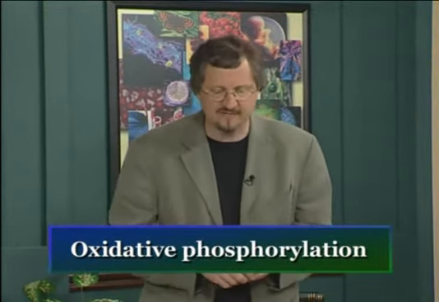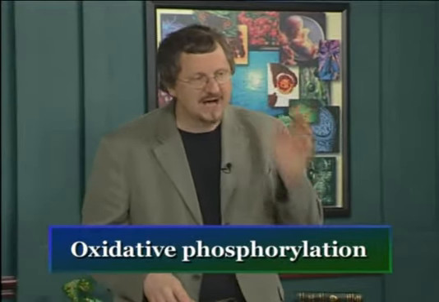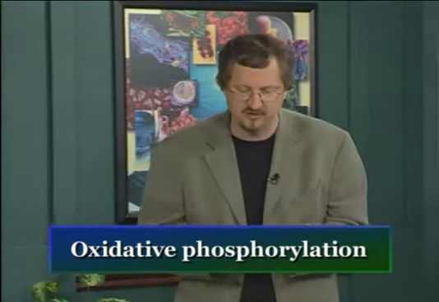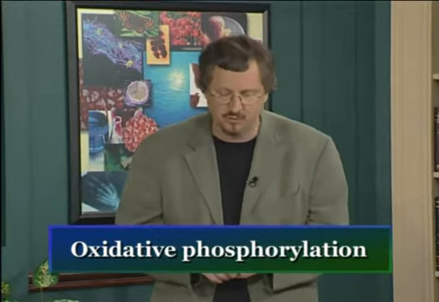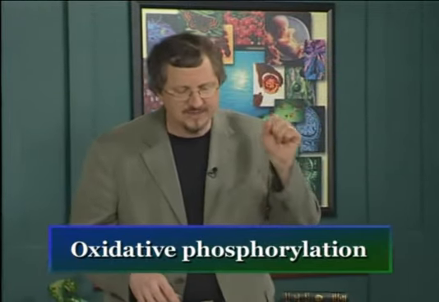For many years after the details of how glycolysis works and how the Krebs cycle works were well understood, the connection between the oxidation of electrons by the electron transport chain and the production of ATP remained a complete mystery. The reason it remained a mystery is because the fundamental mechanism for phosphorylating ADP to produce ATP, that is, the mechanism of substrate level phosphorylation, had already been understood.